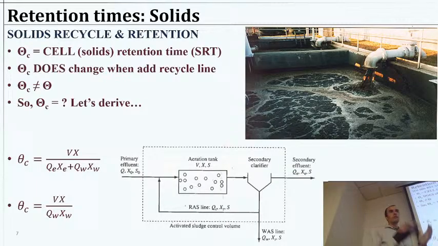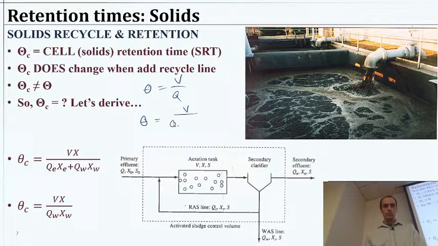We can derive this by saying, well, let's track how long the water is staying in there, but instead of just the water, we can multiply it by the amount of bacteria there, and that'll give us essentially our answer. So normally for theta, we would say this is V over Q. And in this case, because we have two Q's leaving, we could also describe this as theta equals V over QE plus QW, right? That would be the same thing.